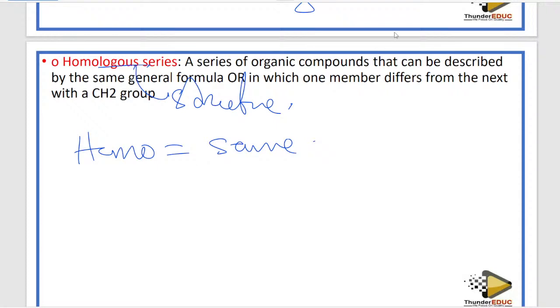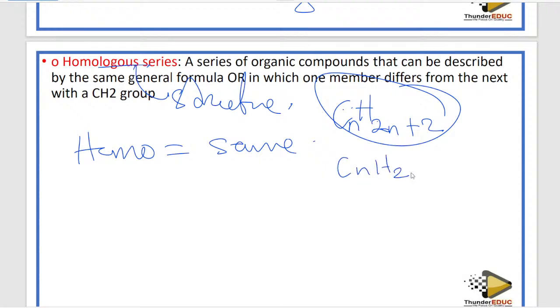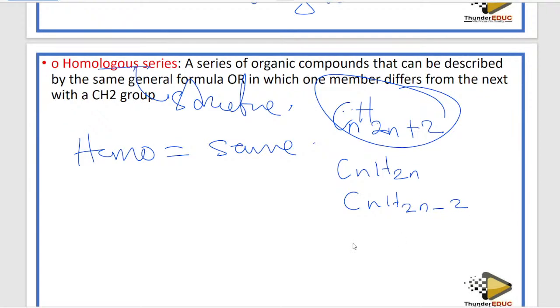The general formula, for example, we shall see when we go to alkanes or alkenes, CnH2n+2. So all the alkanes will have that general formula. All the alkenes will have that general formula. And all the alkynes will have that general formula, no matter how many carbon atoms you have. We shall see this in detail, don't stress about it. But I want to show you that it has something in common, which is the general formula. The number of carbon atoms keeps on changing.